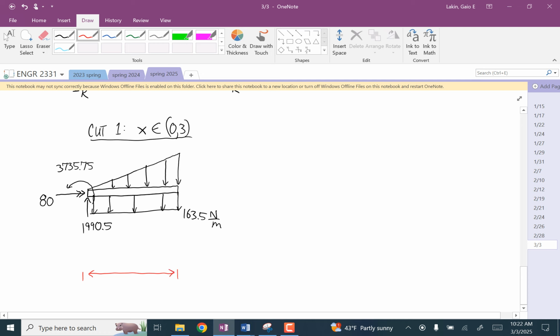And then what I'm missing are the internal loads. So we have the internal tension, the internal shear force, the internal bending moment M, and fancy T-torque.